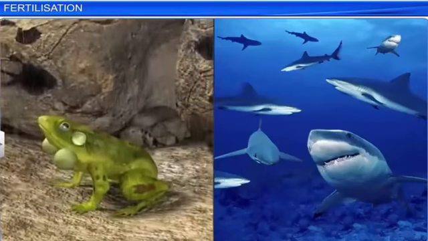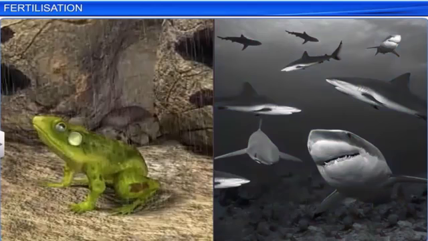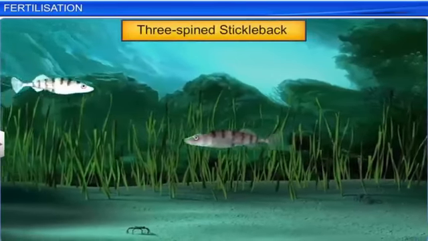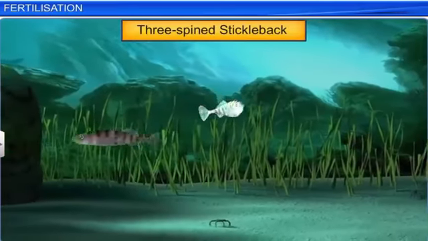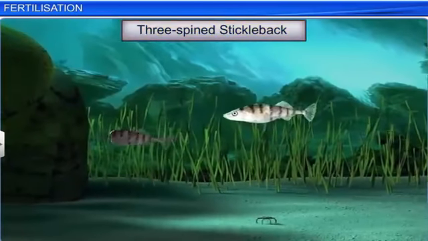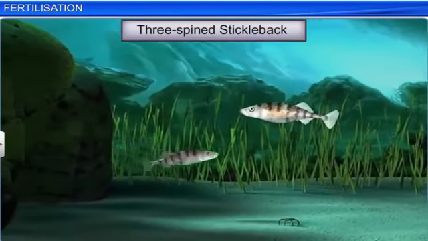Interestingly, frogs and other organisms, including fish that engage in external fertilization, undergo several bodily changes during the breeding season to attract mates. Take the case of the three-spined stickleback, where both the male and female sport a silvery white belly.